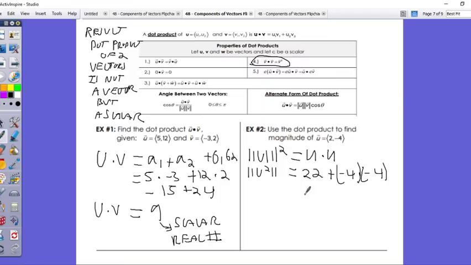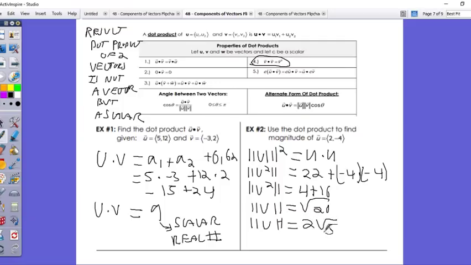And because of that, the absolute value of u squared is equal to 4 plus 16. So the absolute value of u is going to be equal to the square root of 20, which is 2 root 5. All right, those are examples. We're going to do the rest of them in class.